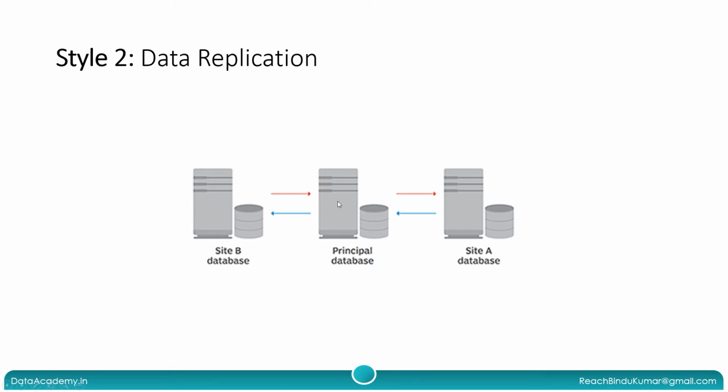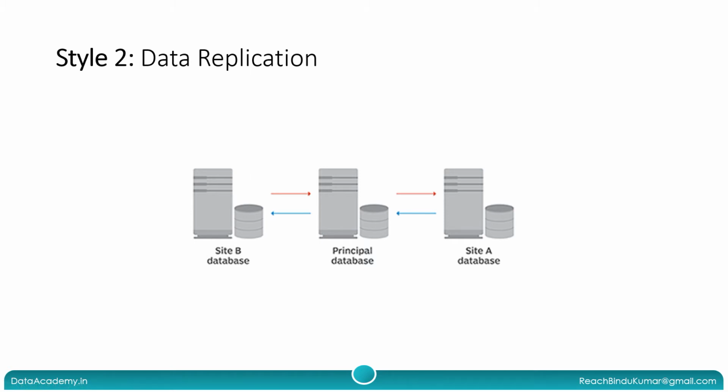Every time changes are made to the primary database, these changes are applied to the standby databases as well. And you see a blue line. This blue line represents the changes being transferred across the databases. So in this example, all the changes are applied on the primary database, and these changes are then mirrored or replicated to the different standby databases.